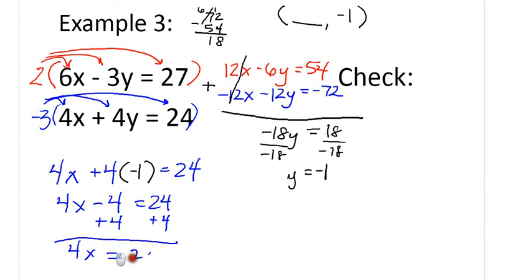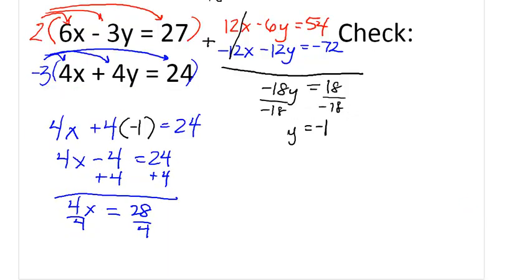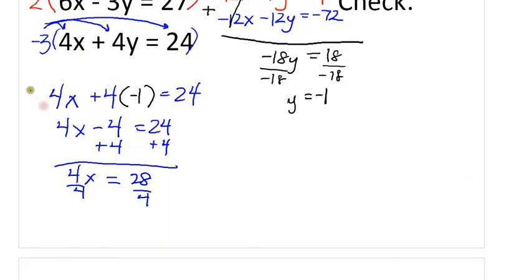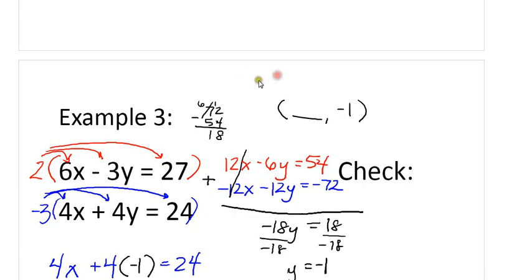X is equal to 28. Divide by 4. 28 divided by 4 is 7, and 4 divided by 4 is 1. So this becomes 1x is equal to 7. So I think that the point at which these two lines, if they're in slope-intercept form, would cross, if I were to graph these, is 7, negative 1.